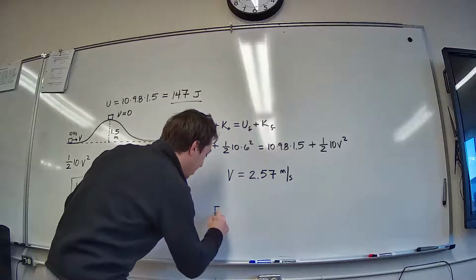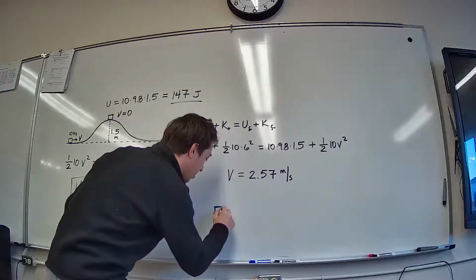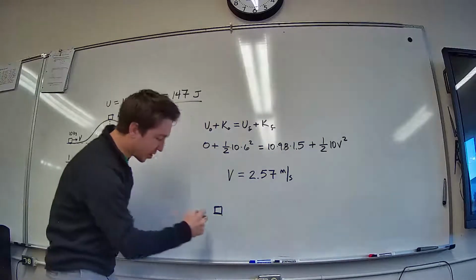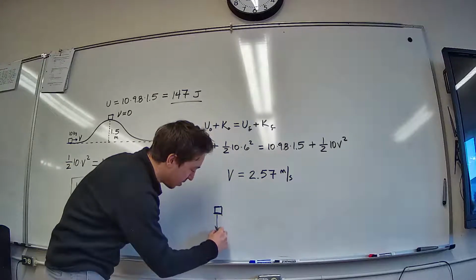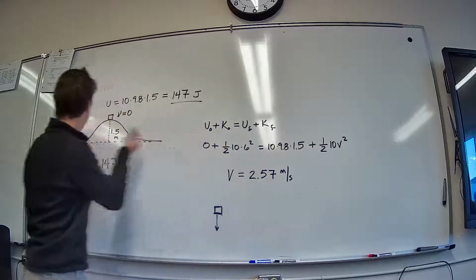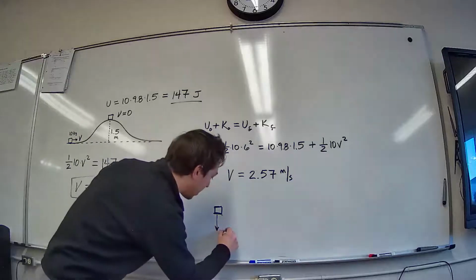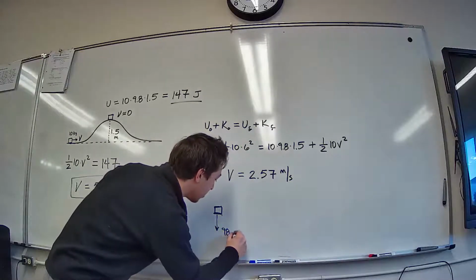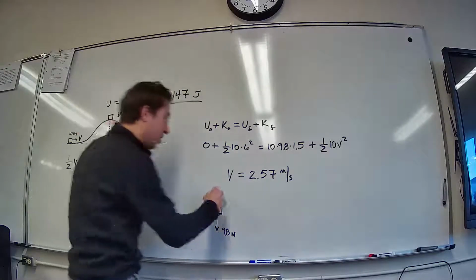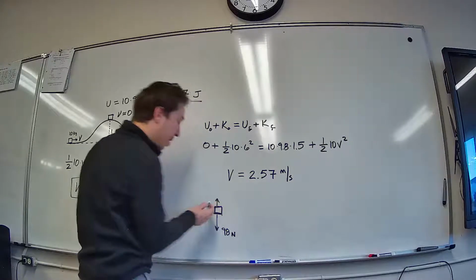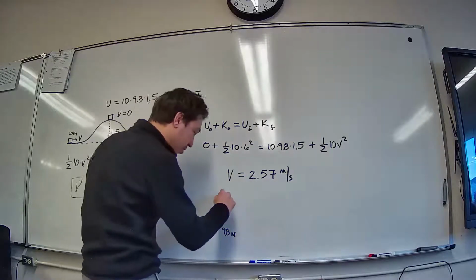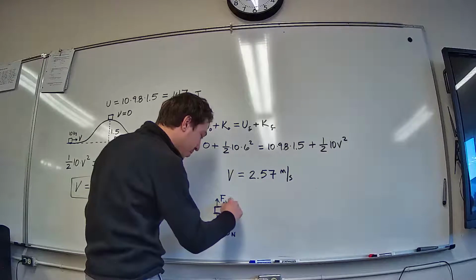So at the top of the hump, little force diagram here. How much force pushes him down? Gravity, so 98 newtons pushing him down. And there's some smaller amount of newtons pushing him up. This is called the normal force from the ramp.